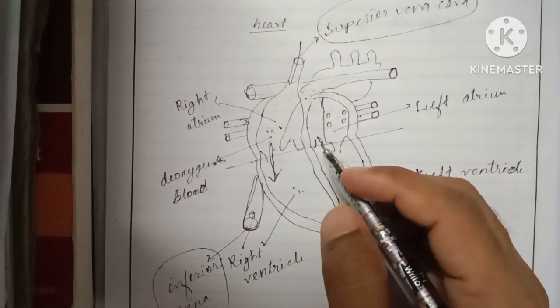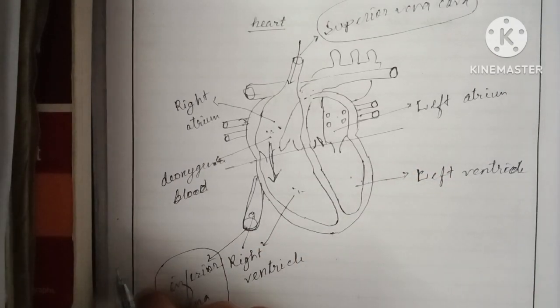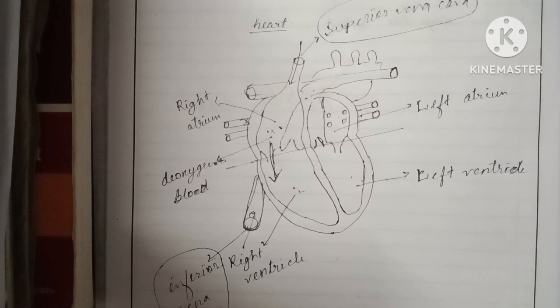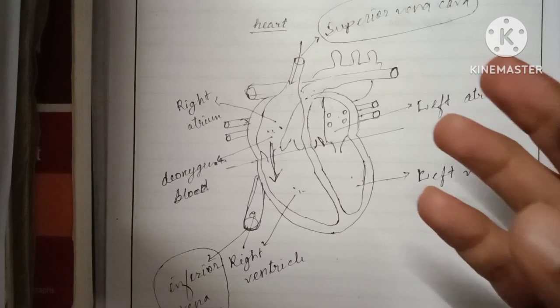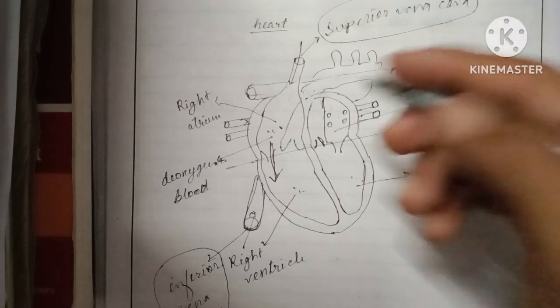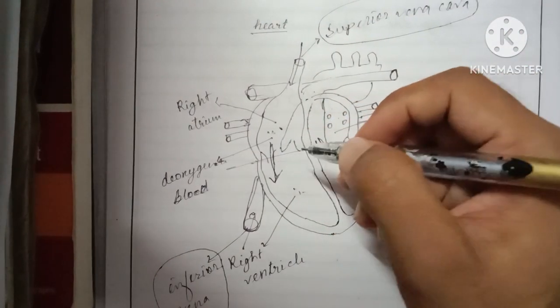Later on I will discuss that process. Today I am just giving a little description of heart circulation. Later on I will explain these in detail, so stay connected with this channel.